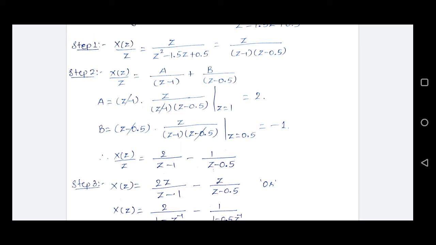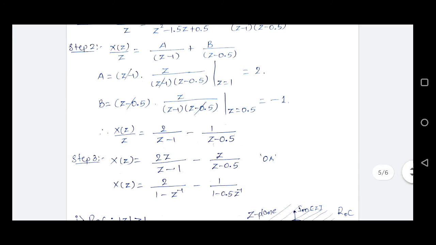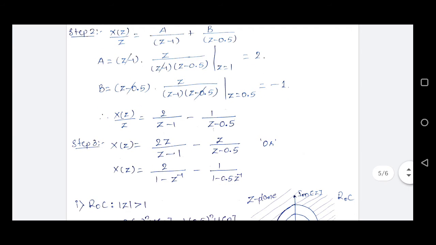Using 2 and minus 1 in place of A and B in the above equation, we can rewrite it as X(z)/z equals 2 divided by (z minus 1) minus 1 divided by (z minus 0.5). Multiplying by z, the z which is in the denominator on the left hand side, to the right hand side, we can express it as X(z) equals 2z divided by (z minus 1) minus z divided by (z minus 0.5).